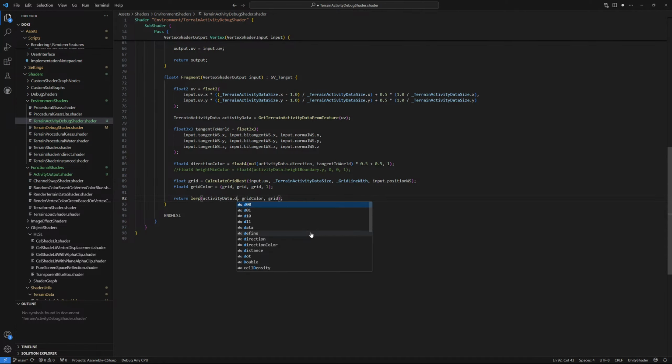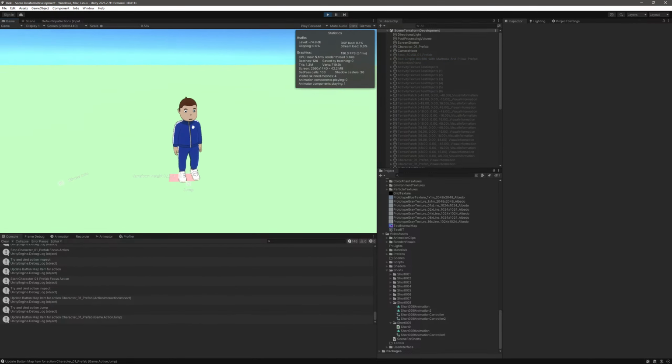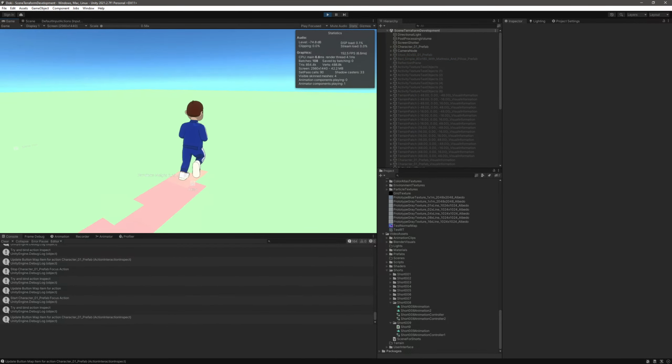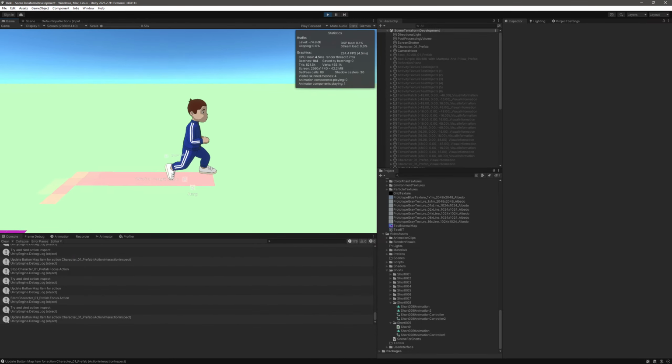Activity data. Direction color. Don't like this.